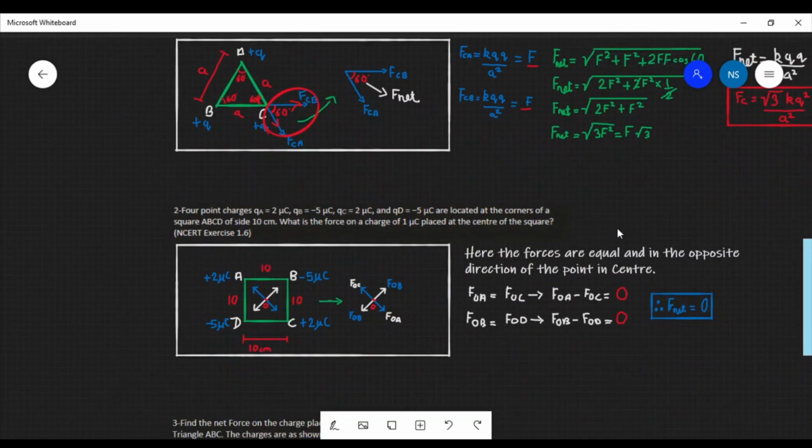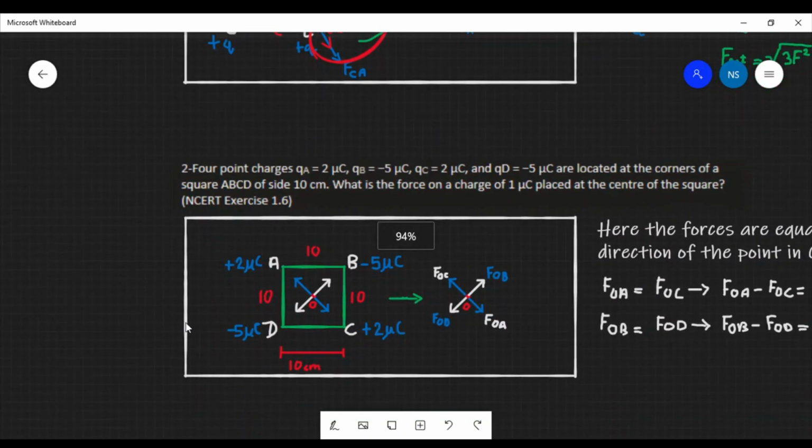like in this second question. In the second question we have been told that there are 4 charges which are kept at the edges of a square, and in the center there is one charge of 1 microcoulomb kept. Let us assume the center is O, so it is kept at that place, and the distance between two charges, or the side of the square, is 10 centimeter.